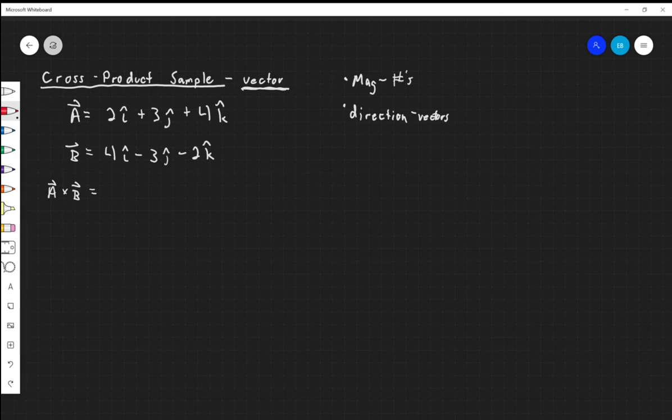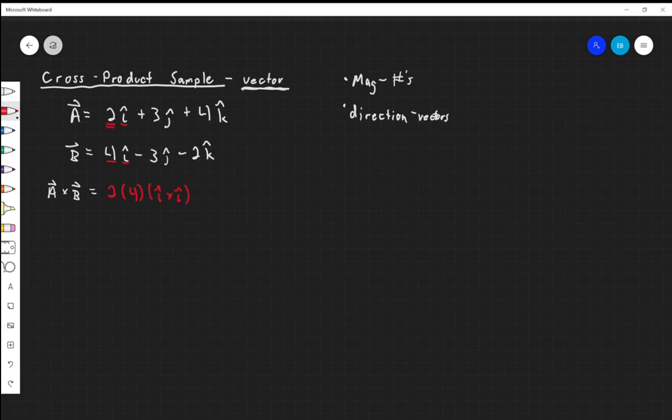Well, first we need to take this 2 in the I hat and multiply it by the 4. So I have 2 times 4, and we have I hat cross I hat. But I need to distribute this into every single number to get every combination.